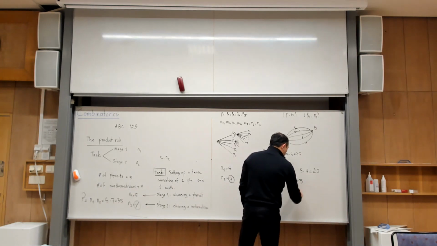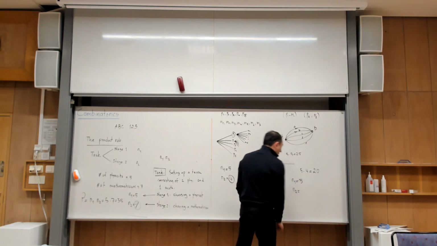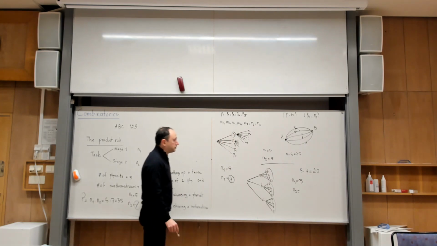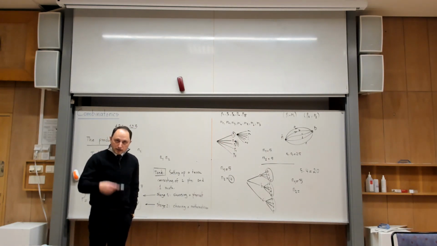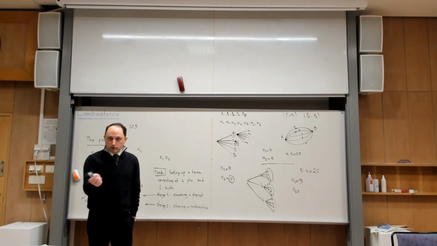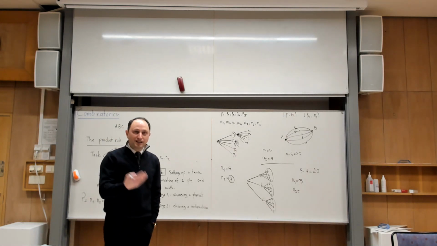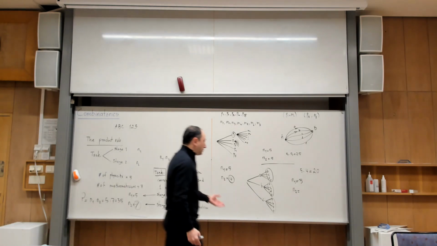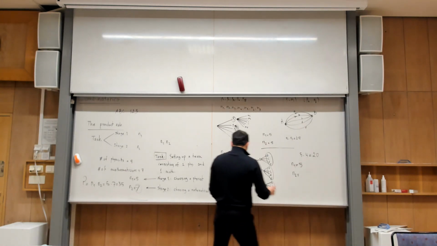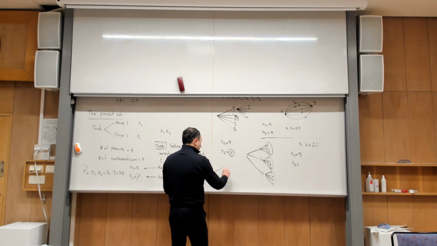Okay, but now, how many options are available for stage number 2? It's dependent. Yeah, it depends. That is the crucial part. If it depends, it means that the product rule is not directly applicable. Yes? Why does it depend? Because it might happen that I have chosen A, B, C, D, or E in the first stage.